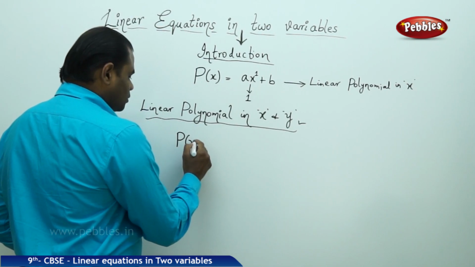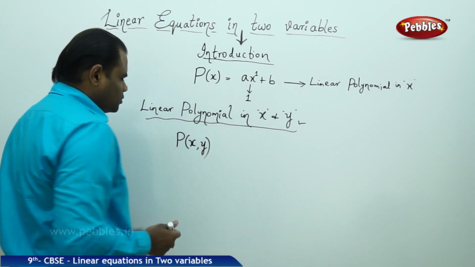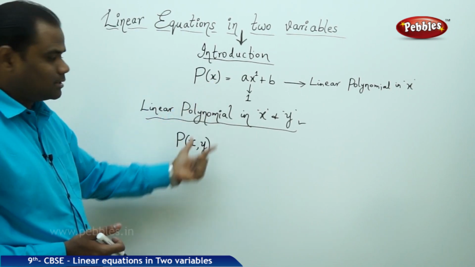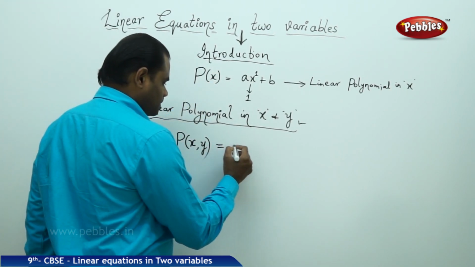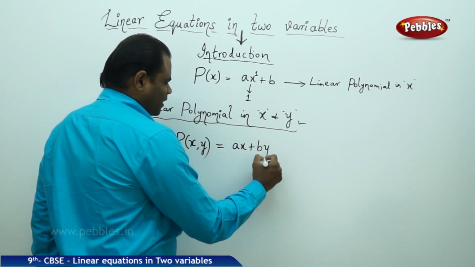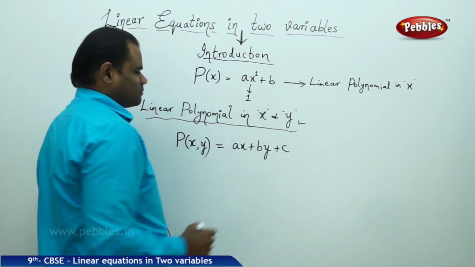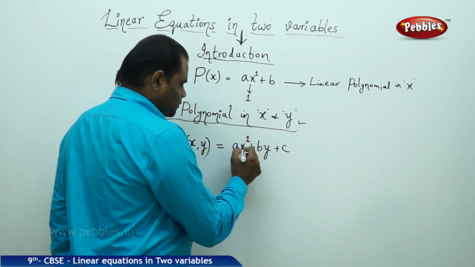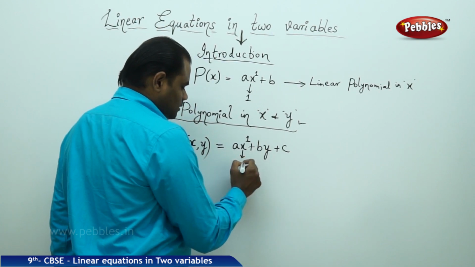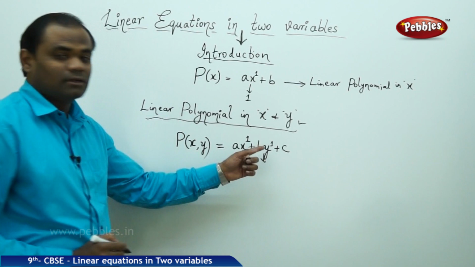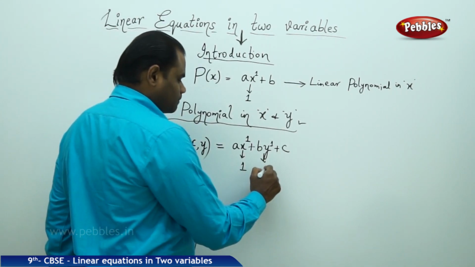So a linear polynomial in two variables x and y, unlike the one variable x, is defined to be ax plus by plus c, because each term has degree 1, with variable x being degree 1 and this term equally having degree 1.